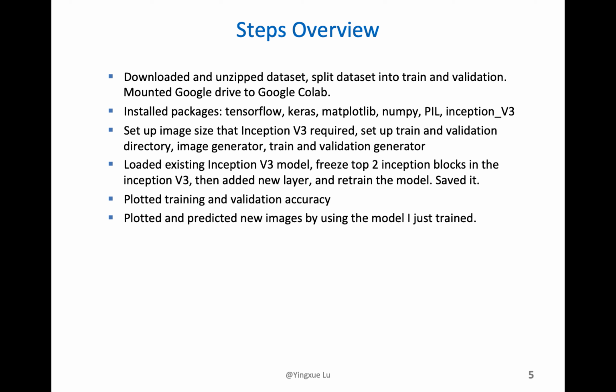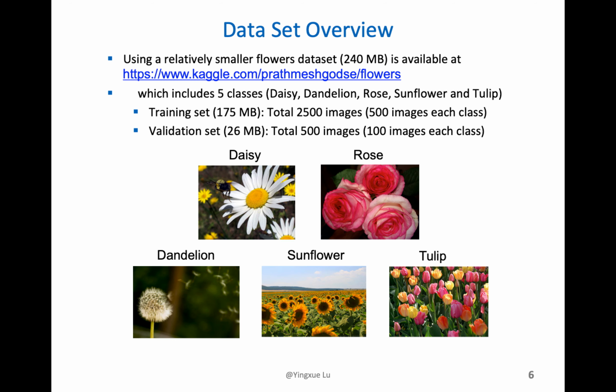So I started the coding and installed some packages that I would need later. Then I set up the image size and loaded the existing Inception V3 model. And finally, I plotted the training and validation accuracy once I finished training. Then I uploaded some test images to see the model's performance.